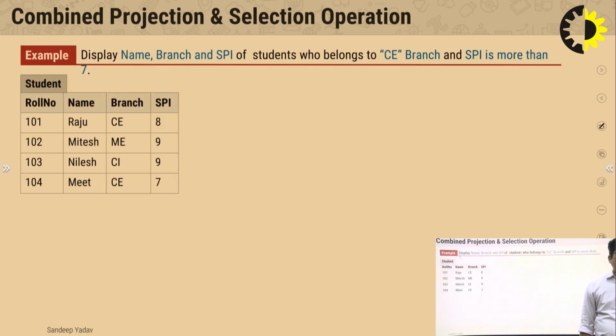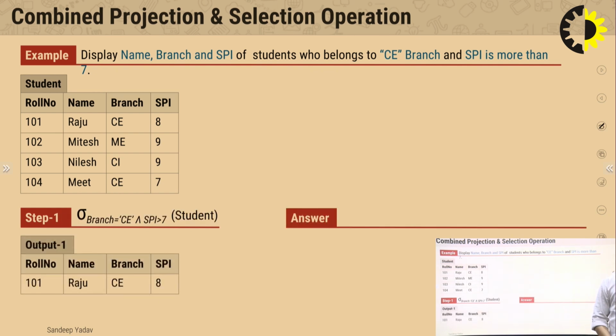Now, in this particular example, there are two conditions that need to be specified, which we again can easily specify using the select operation, and we can also display these attributes using the project operation. We will directly come to the query now.